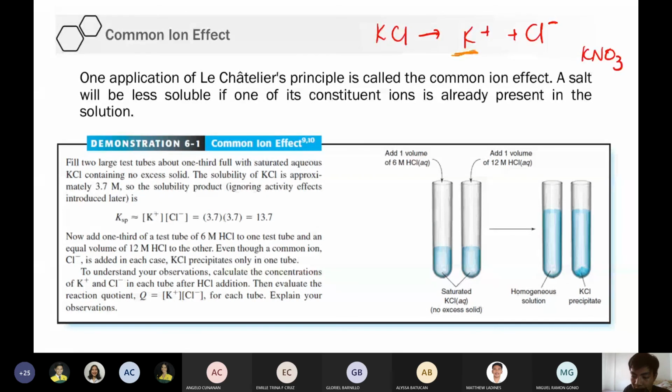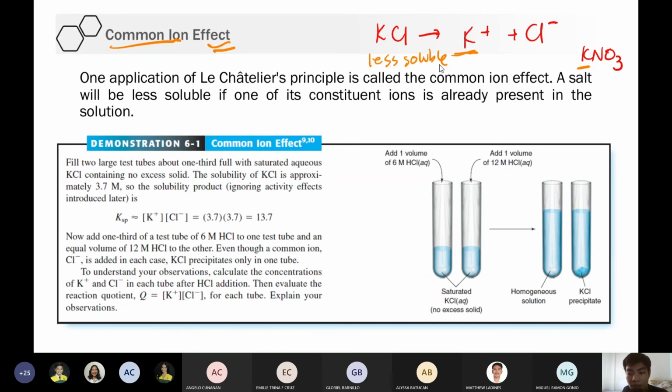Yung K plus sa KCl and yung K sa KNO3. Yan yung common ion. So, ano effect nun? Ano yung common ion effect? It will push the reaction to the left. So, that means KCl will be less soluble because of the common ion. Yun yung effect niya. So, yan ang application ng Le Chatelier. Dinamihan mo yung products mo, so it will push the system to the left. That means your salt will be less soluble.